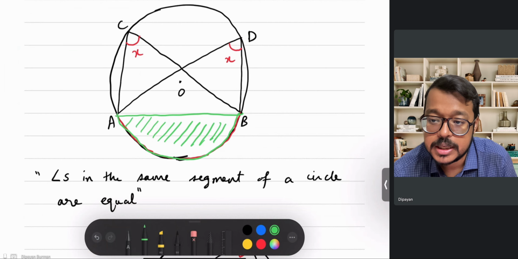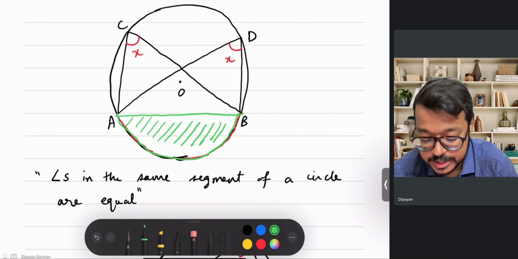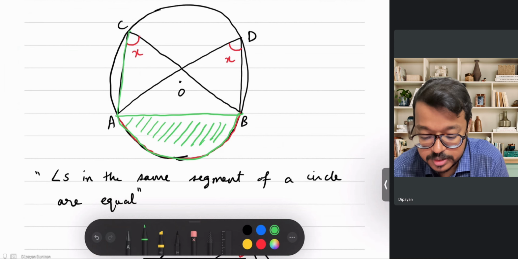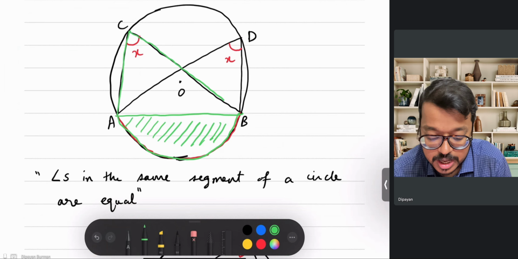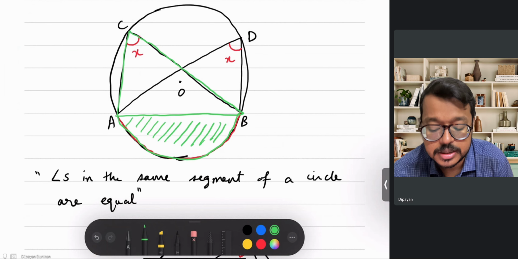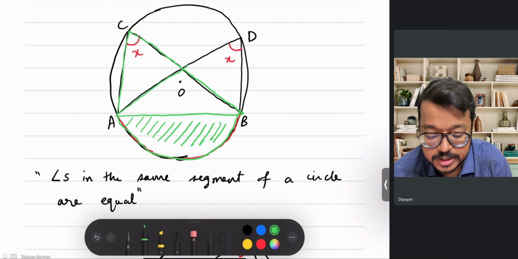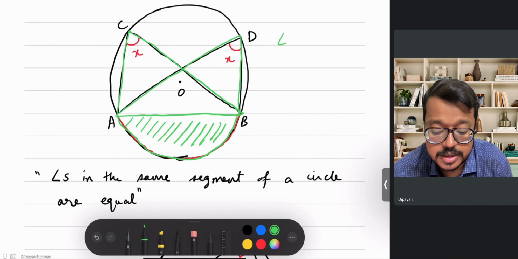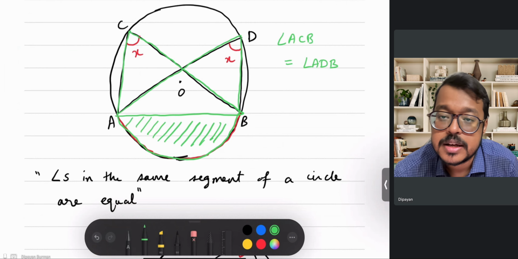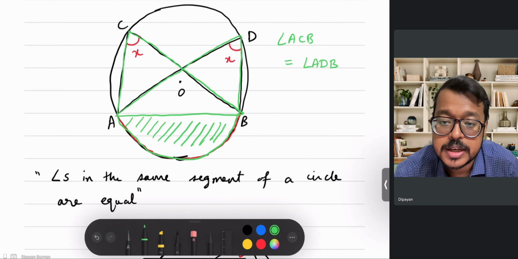So this is making an angle, let's say ACB. And it's also making another angle which is ADB. So then, according to the theorem, angle ACB must be equal to angle ADB. Or I can say angles in the same segment of a circle are equal.